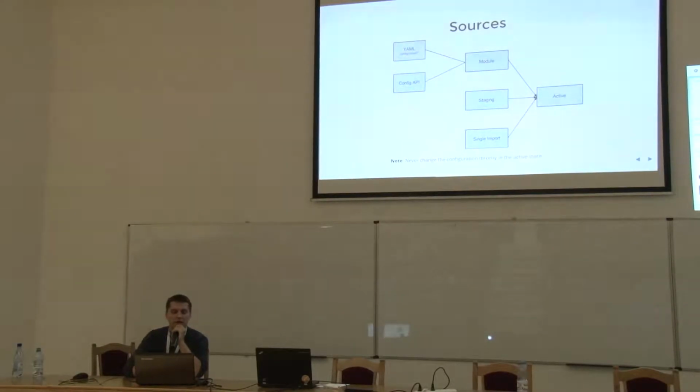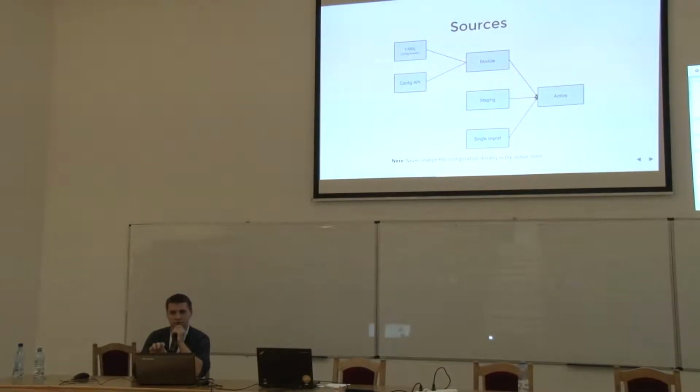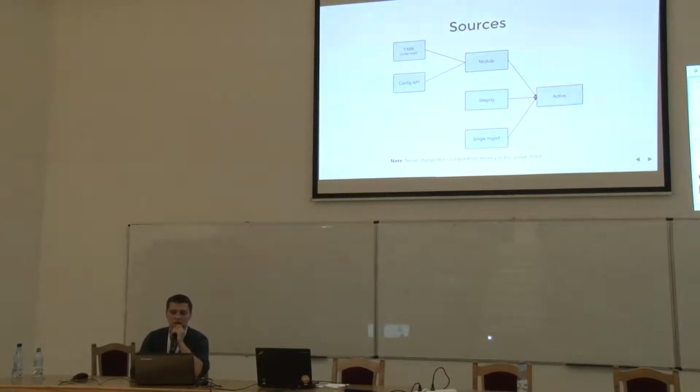Let's see how and from where the configuration can be extracted, and how it goes to the active storage. As I said, the active storage is the store from where your Drupal 8 site will use all the configs, and the configurations can be added from a module, right?